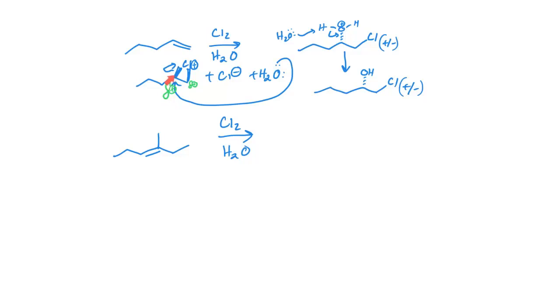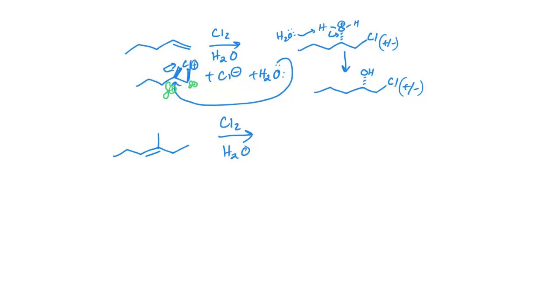So this carbon will be more stable with the partial positive charge, so there should be more of the partial positive charge here versus right here. And that's what attracts our neutral nucleophile. The larger partial positive will be on the more substituted carbon, and so then the water will attack at the more substituted side. And that's going to be true for any of these hydrohalogenation reactions.